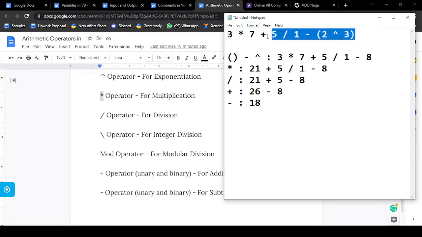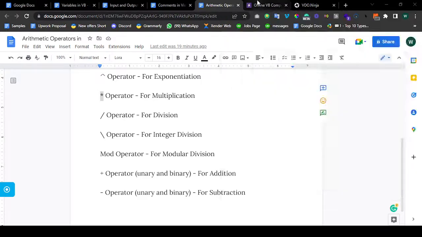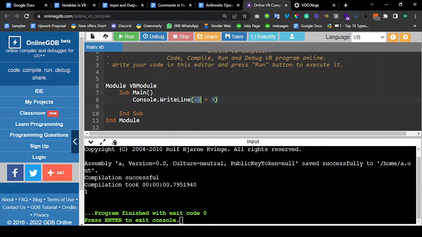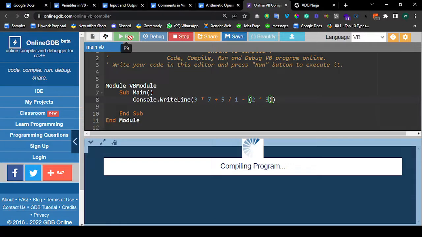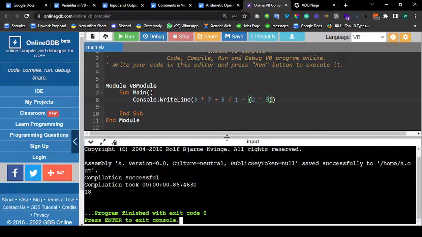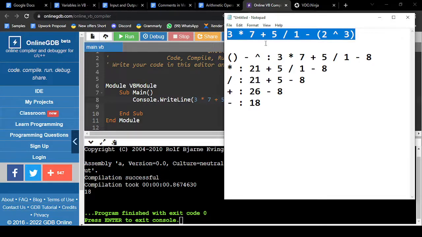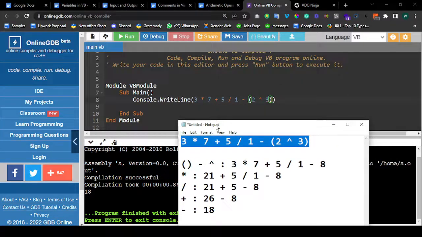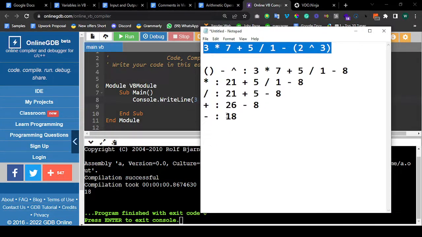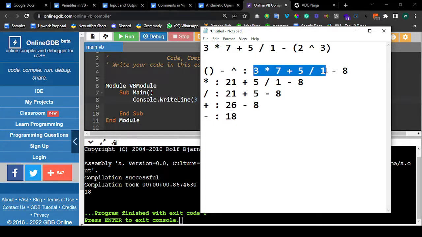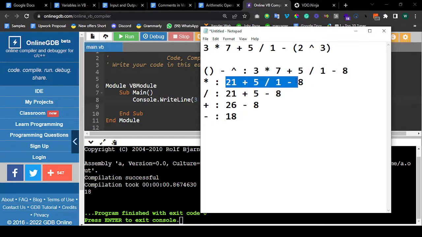So before we call it a day, let's be sure we have not done rubbish. You see, I have 18 over here. Works just fine. So you can see this is exactly what I copy pasted, and judging by the calculations we did, it is very correct.